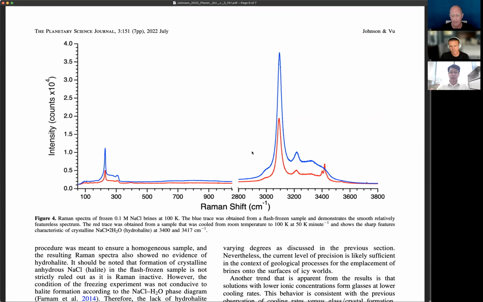You only make glasses in this case when you flash freeze it. The peaks that you see in the red one around 3400 are characteristic of hydrohalite, which is one of the species that has tentatively been detected for Europa.